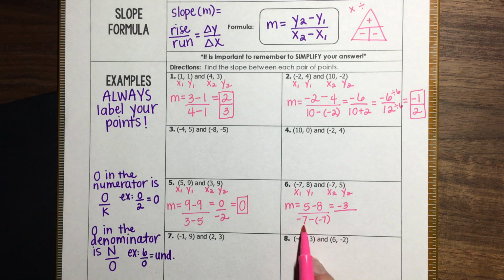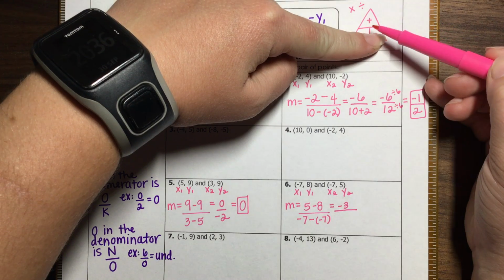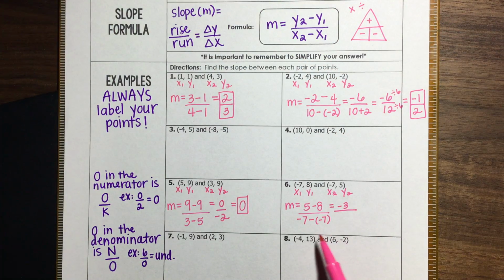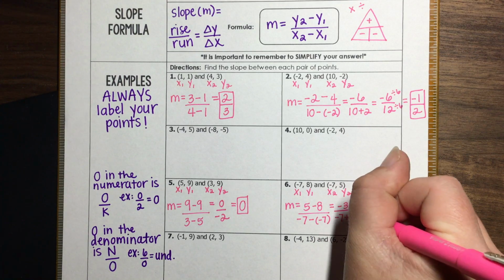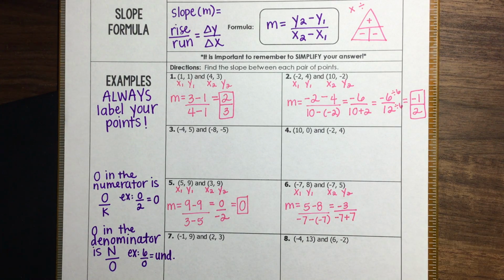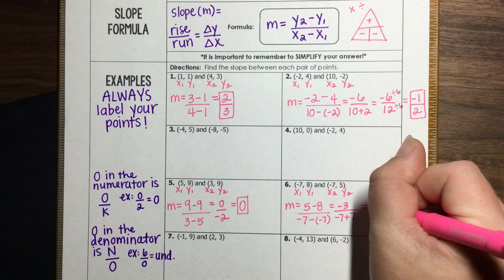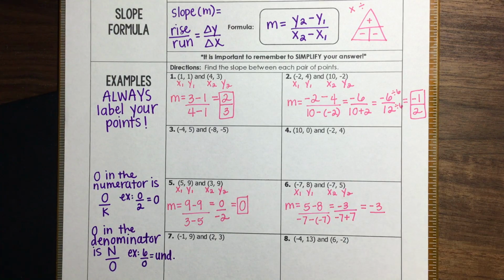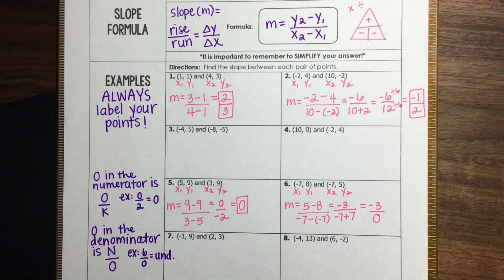Then, a negative times a negative gives me a positive. So I rewrite this as negative 7 plus 7, which gives me 0. So I get negative 3 divided by 0.